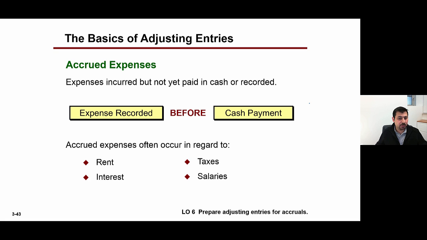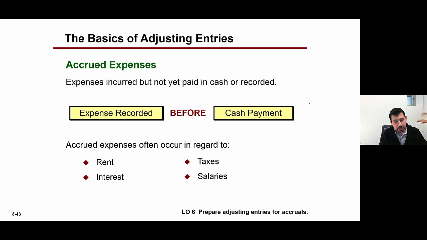From the company's perspective, the company took a loan from the bank and they need to pay it next year. But interest starts accumulating from the first day.